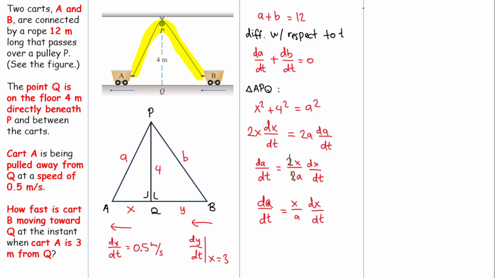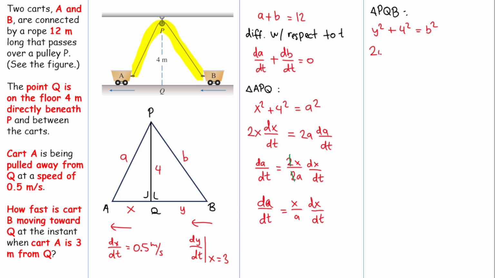Now what? Let's do another Pythagorean theorem, but on this triangle here. So I will have triangle PQB. Okay, and how to calculate that? We will have y squared plus 4 squared, and that will equal B squared. Right? Okay, take the differentiation with respect to time once again.